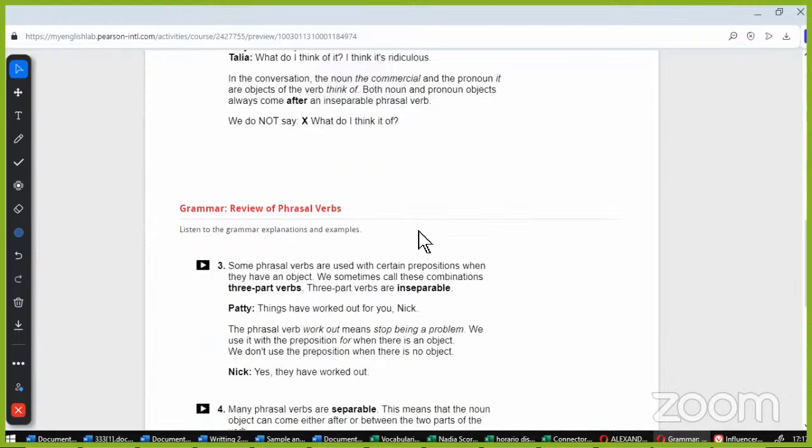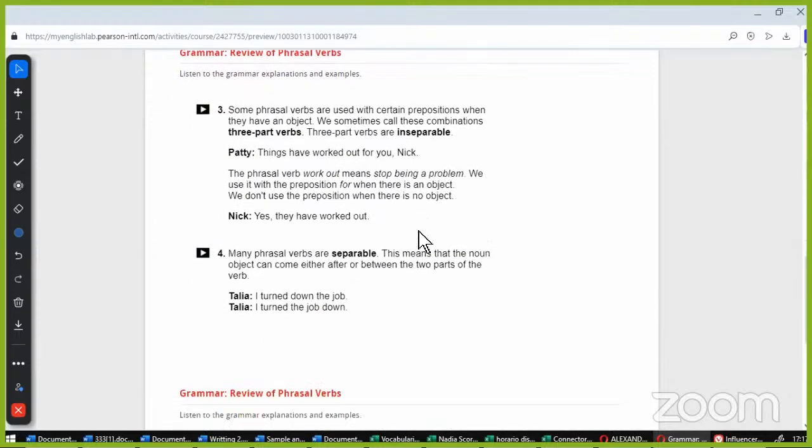So that's pretty straightforward. And then you have three-part verbs. These are inseparable. That means you need to use them in three parts, like work out for. The third part is a preposition. They have worked out for you, for him.